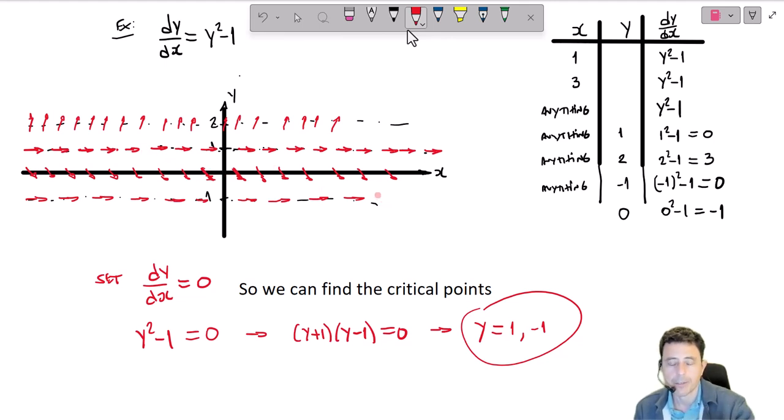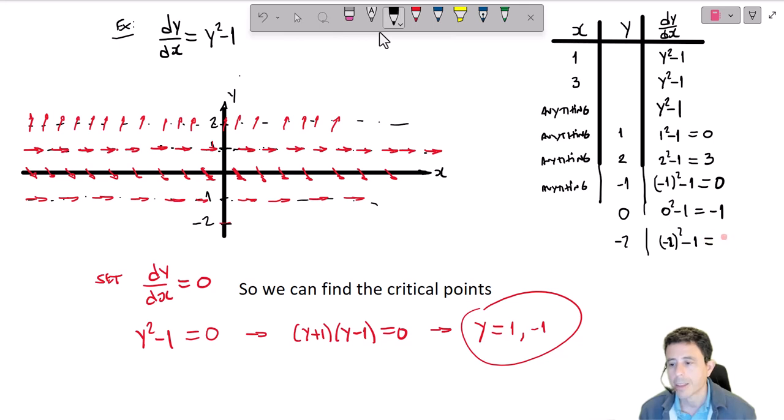Then we pick a number above this 1 here, y equals 1, and if we pick 2, the derivative is 3. That means above that critical point, the derivatives are positive. Let's see what happens if we pick a point down here, negative 2. So at negative 2, this would be negative 2 squared minus 1. This is 4 minus 1. This is 3. The derivative is also positive.